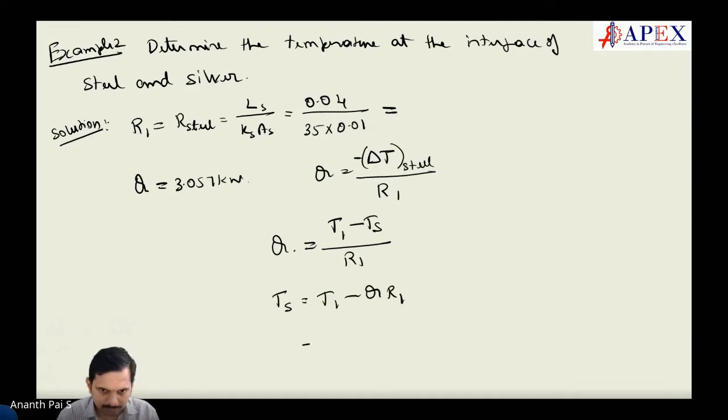You'll get it. So T1 is 400 degrees centigrade minus Q, which is given as 3.057, into R1, which you have to find. R1 is 4 by 35, right? You can write 4 by 35.